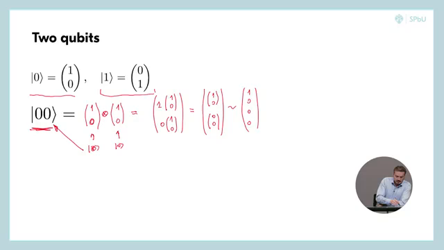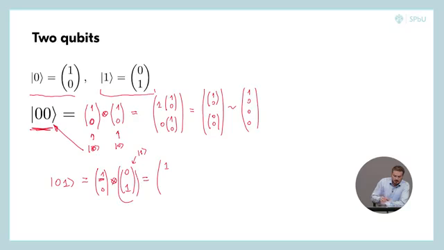So this is the way we are going to construct the columns for our newly defined bases. For example, if we have vector 0, 1, we will have to do the same thing. So 0 is the 1, 0 vector multiplied by 0, 1, which is vector 1. Again, we take this 1 and multiply it by the whole vector here. So it's 0, 1. Now we take this 0 and multiply it again by this vector.